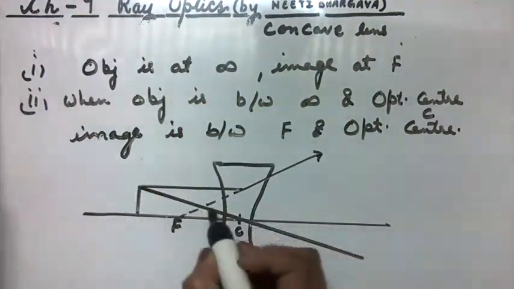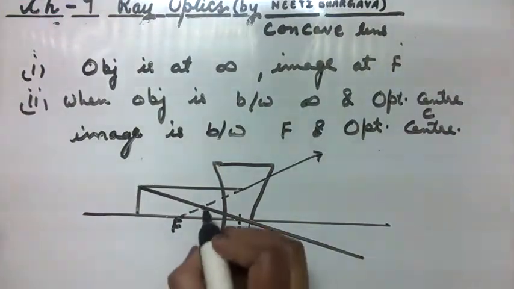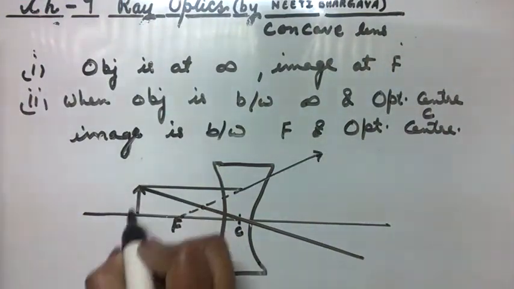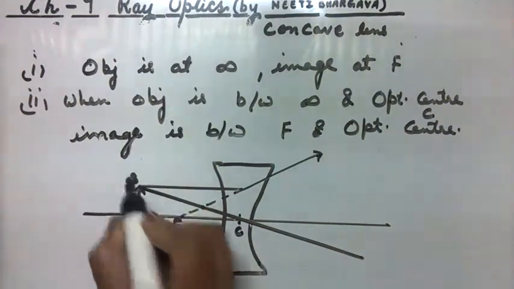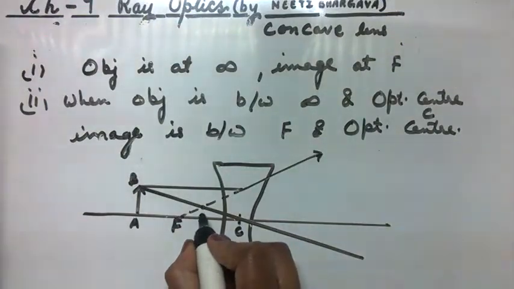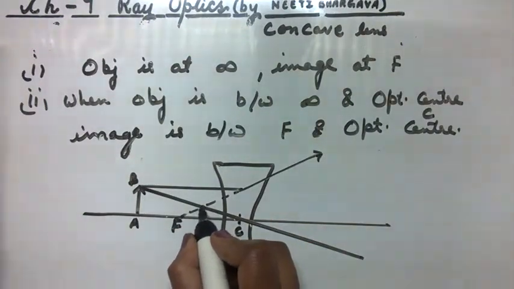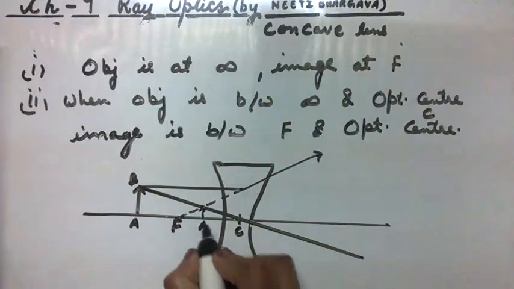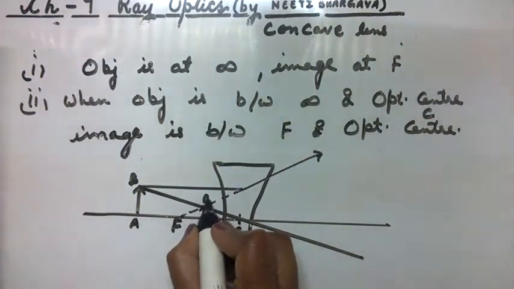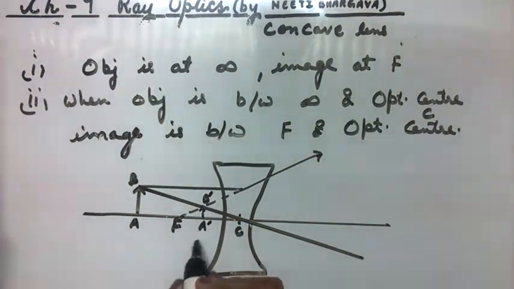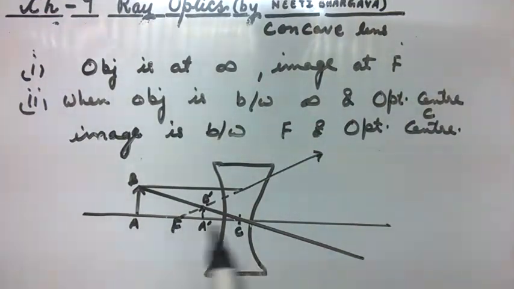This meeting point of rays will give image of object AB. This is virtual and erect image formed, which is diminished one, and the image is between optical center and focus.